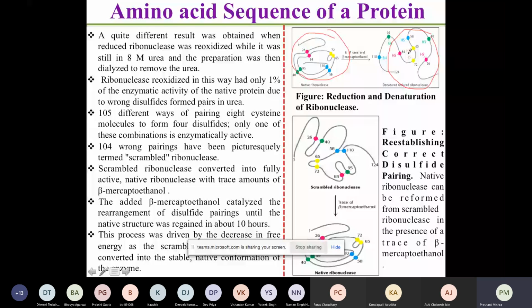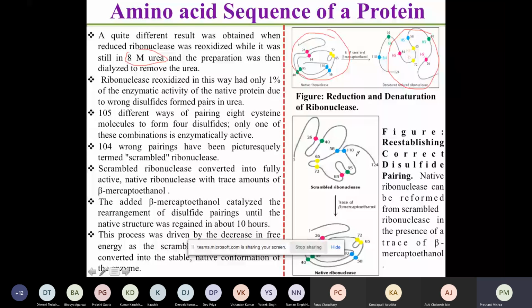Now what he did is that he reestablished the disulfide bonds. Under what condition? He did this while it was still in 8 molar urea. When 8 molar urea was present, he tried to establish the disulfide bonds, and then he removed the urea.